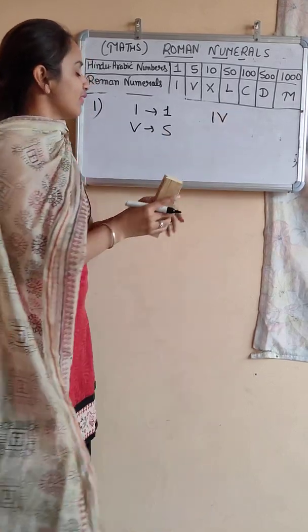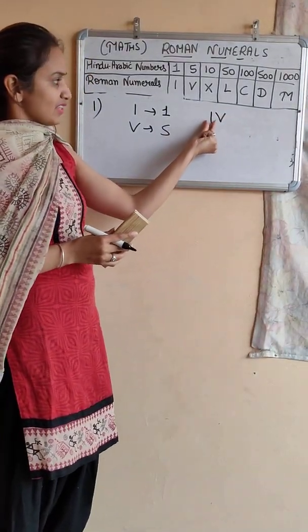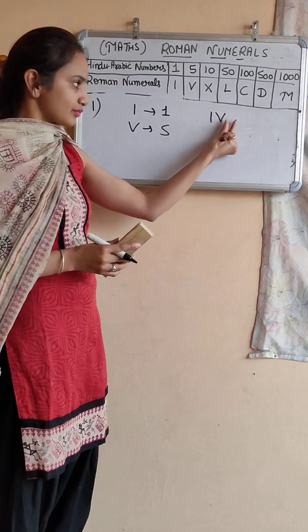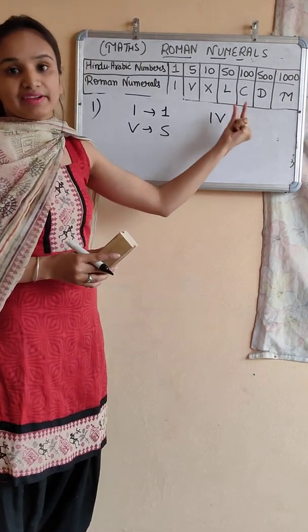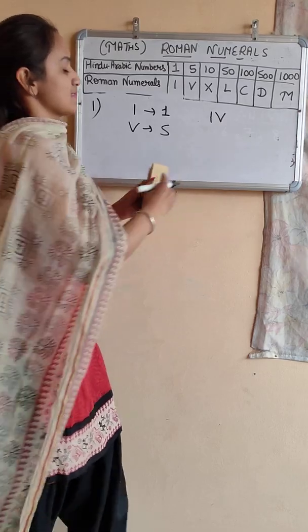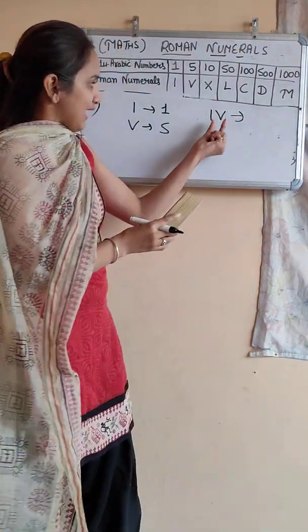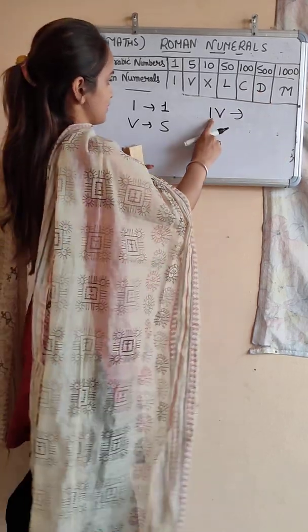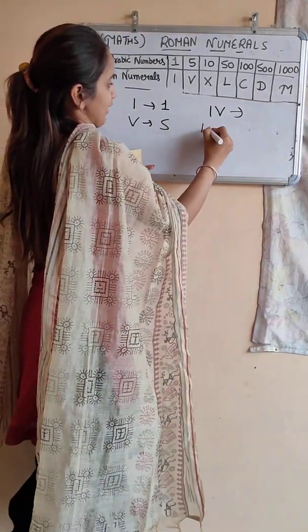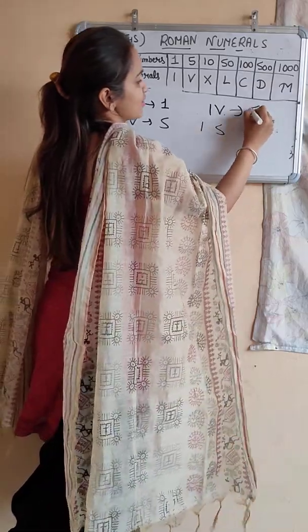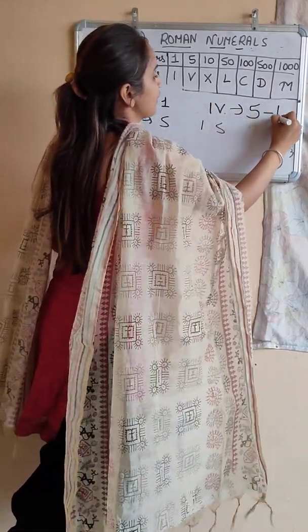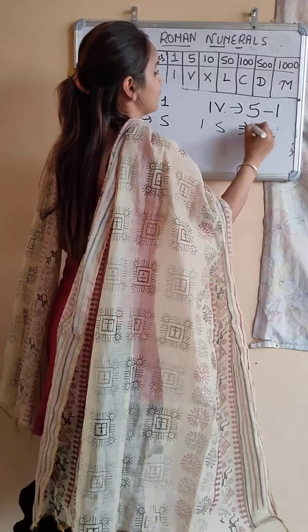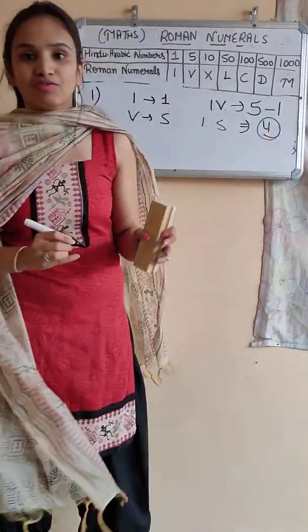So if we write like this, a symbol having smaller value is written before the symbol having greater value, this means subtraction of the first symbol from the second symbol. That means this means 1 and this means 5. So subtracting the first symbol from the second symbol, this value is 4.